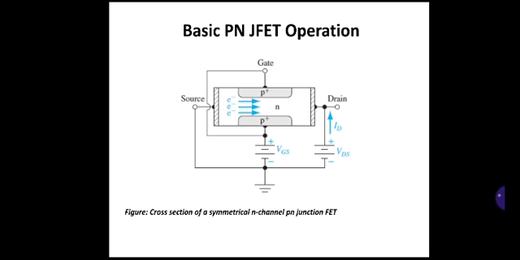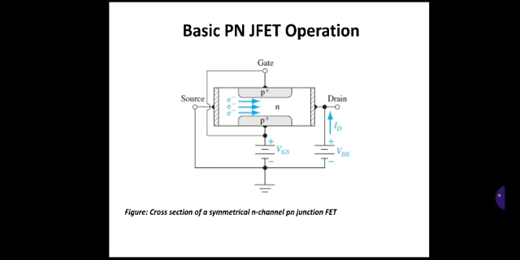As we have discussed, a complementary P channel JFET can also be fabricated, in which the P and N regions are reversed from those of the N channel device. That is, the holes will flow in the P type channel, because in a P type channel holes are the majority charge carriers, and they are going to flow between the source and the drain.